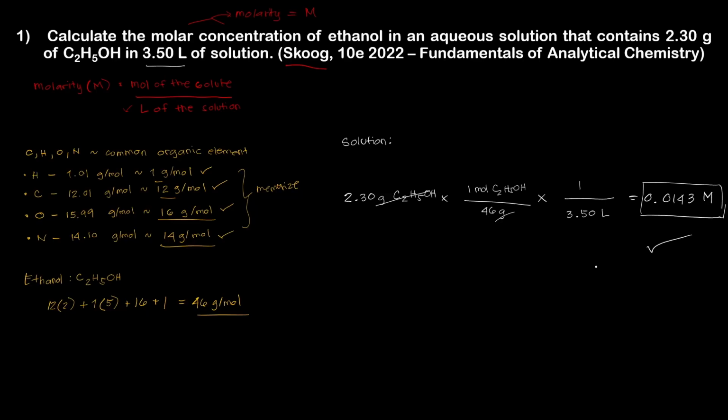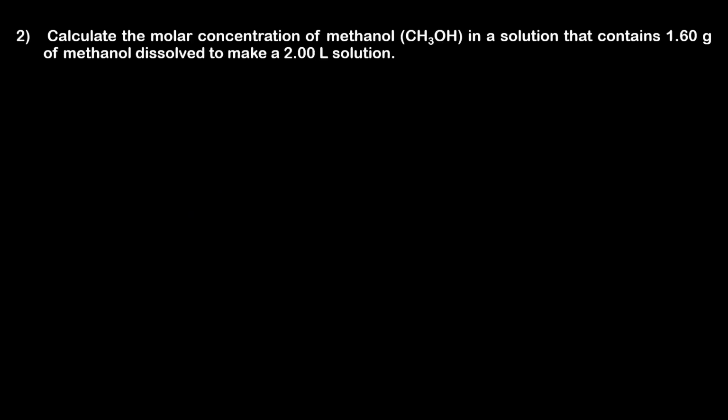Right? So, for the next question, calculate the molar concentration of methanol, or CH3OH, in a solution that contains 1.60 grams of methanol dissolved to make a 2-liter solution. So we were also given the volume of our solution, which is in liters.